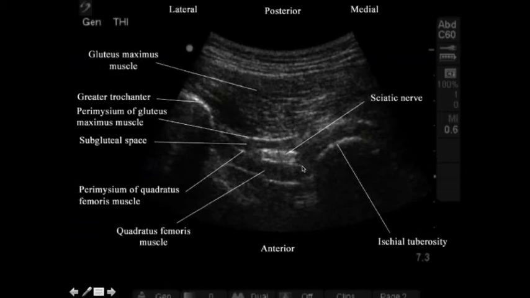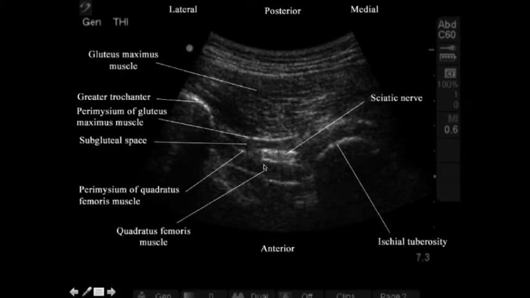This is another image of the gluteal approach, in which we have, once again, a very thin patient. This is something like 4 centimeters deep, and the sciatic is this image here, predominantly hyperechoic, flattened image, lip-shaped, and there's a fascicular pattern, but it's difficult to image this fascicular pattern.